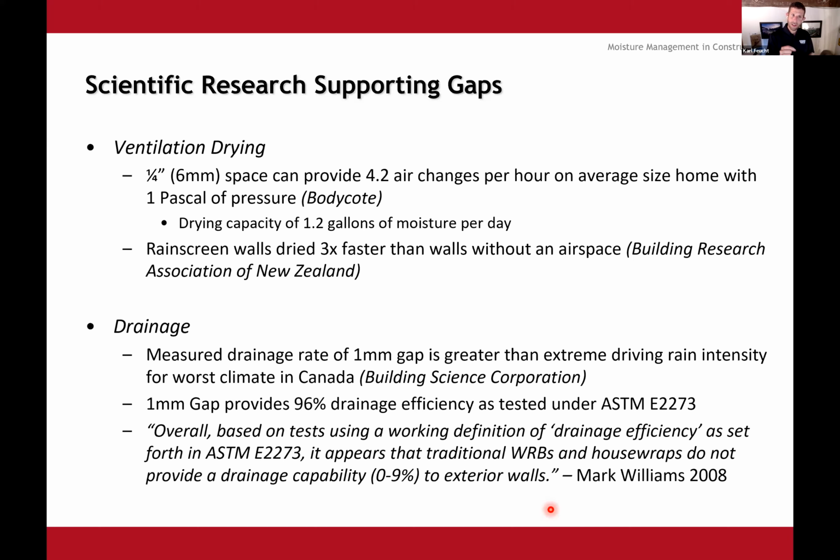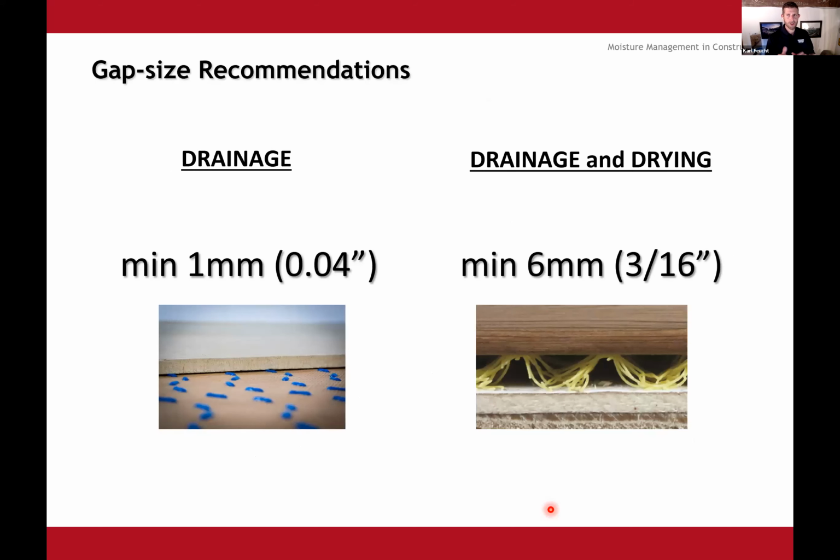So a rainscreen is going to be 6 millimeters, and a drainable house wrap is going to be 1 millimeter. And here's a picture that kind of shows you on a profile standpoint what that looks like, right? So 1 millimeter is not much, but again, 96% of water can just simply drain out with the use of gravity. And that's going to work. The drainable house wrap is going to work on a lot of the projects that we're all specifying and building.